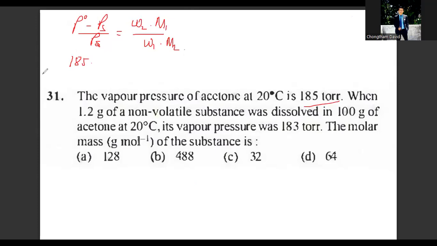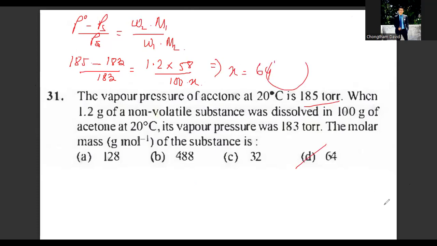The vapor pressure 185 minus solution 183, divided by 183. The weight is 1.2 and the given molar mass is 58, divided by 100 times the molar mass X. So calculate this and you get the answer. 64 would be the answer to question number 31.